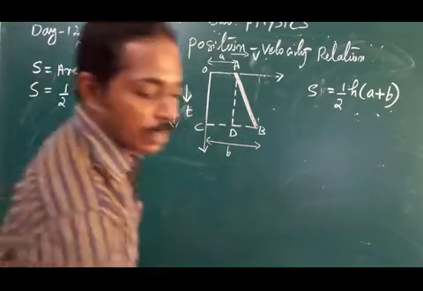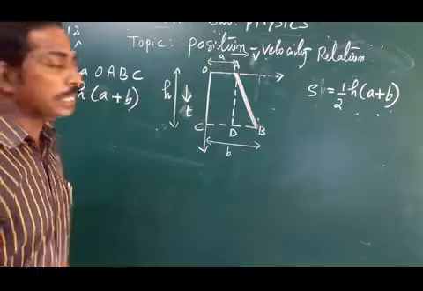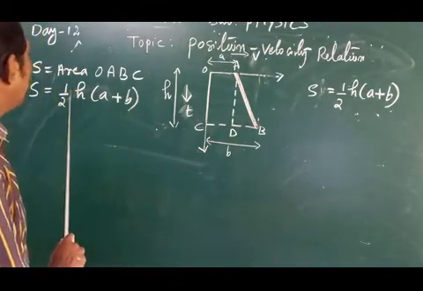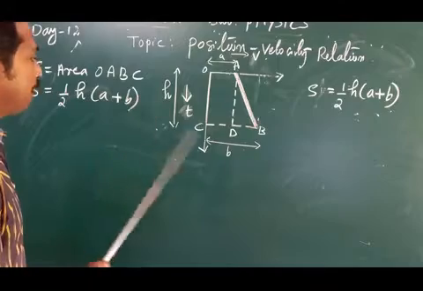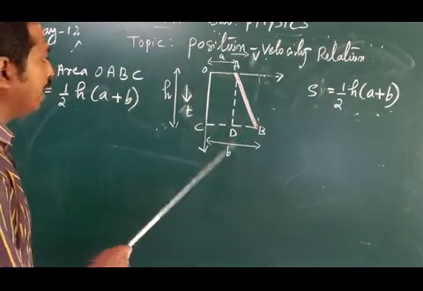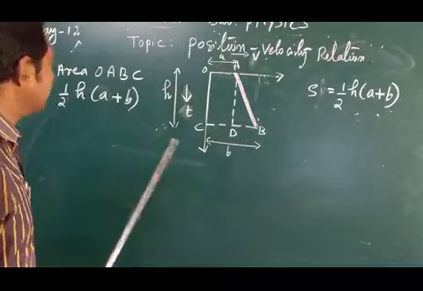Dear children, why did I write this? Because which geometrical figure is it? Trapezium. Then the trapezium equation is half h into a plus b, because a and b are the parallel sides of the trapezium, and h is the perpendicular height.